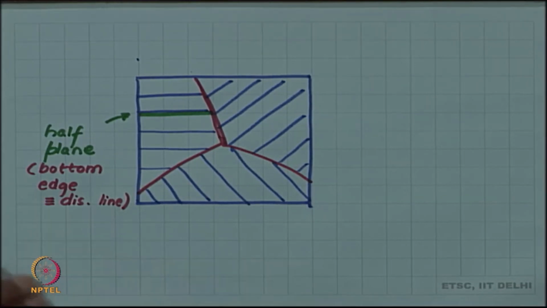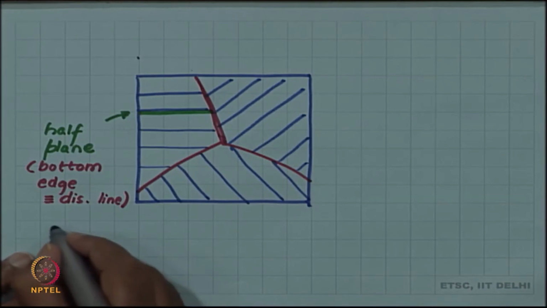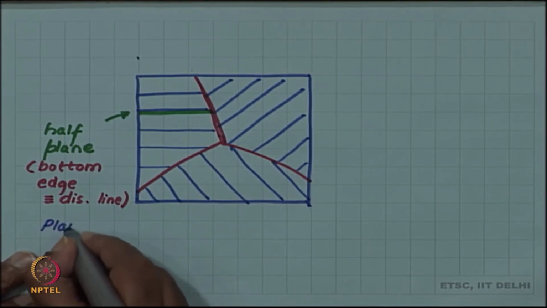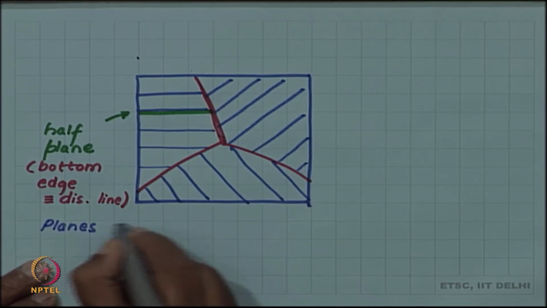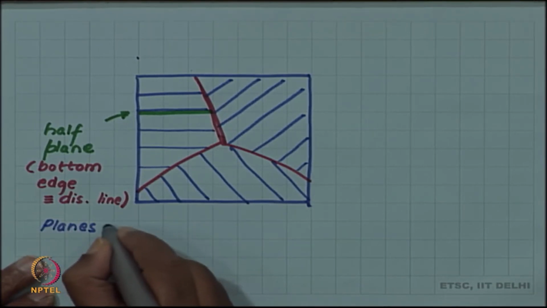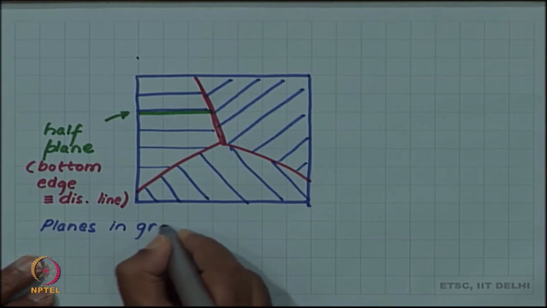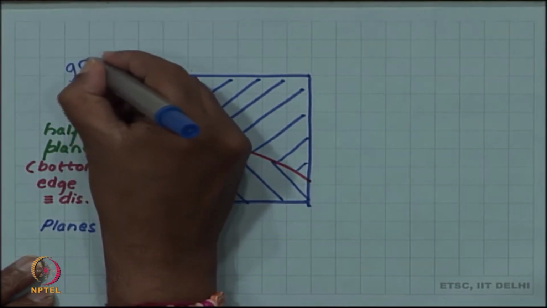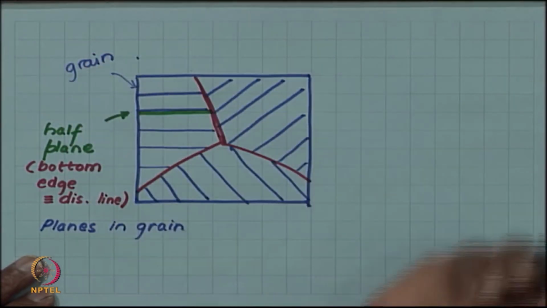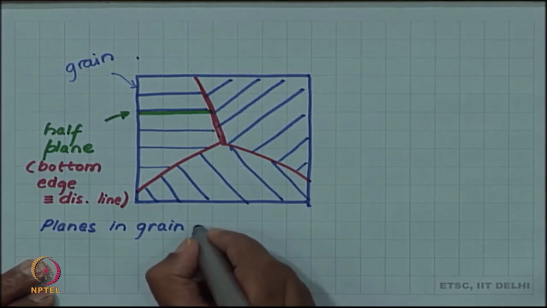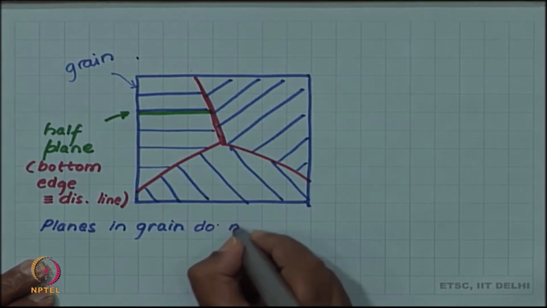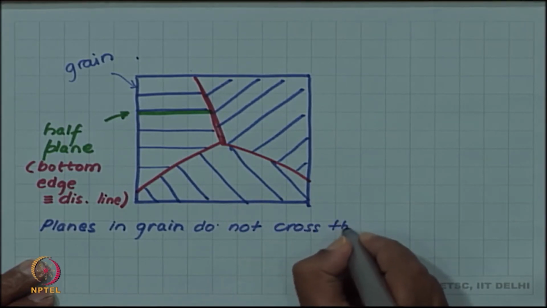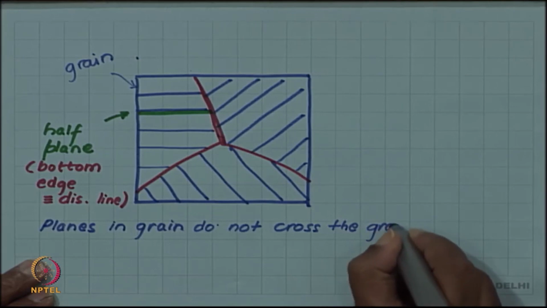So, this is quite simple to understand. Let us write that down: planes in a grain, and this is one of the grains in our terminology introduced in the last slide, do not cross the grain boundary.